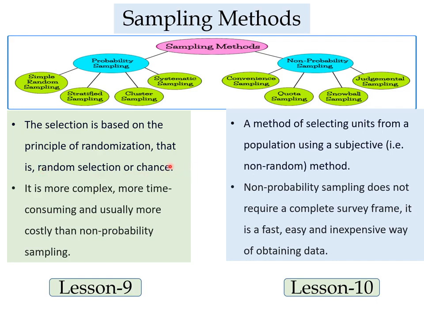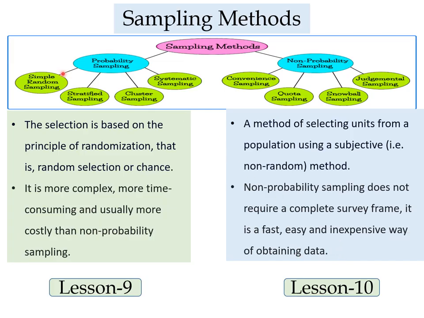It is more complex, more time consuming, and usually more costly than non-probability sampling, because non-probability sampling is a method of selecting units from the population using a subjective or non-random technique. Non-probability sampling does not require a complete survey frame. As a result, it is a fast, easy, and inexpensive way of collecting data.